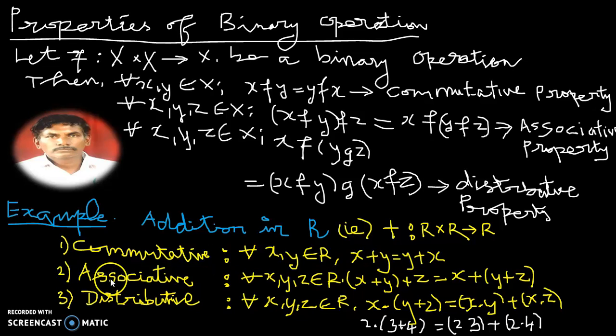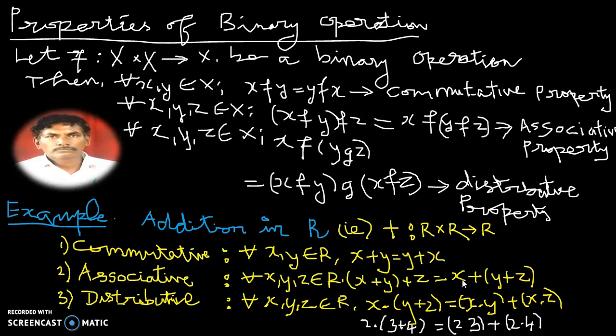Now coming to the associative property, that says that for all x, y, z belongs to R, the set of real numbers, x plus y associated first, then associate z, would be exactly equal to associating the last two elements first, then associating with x.